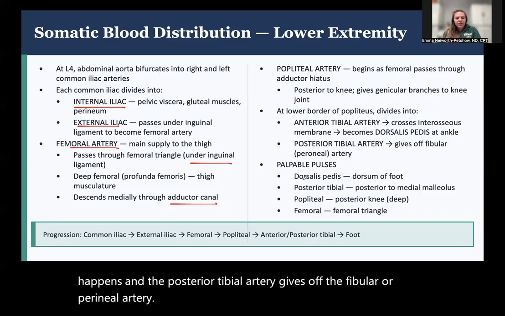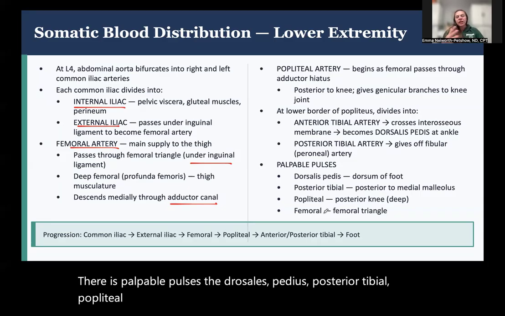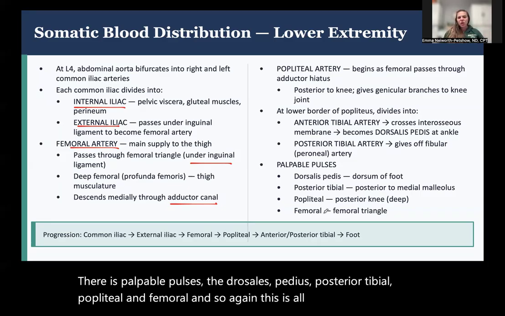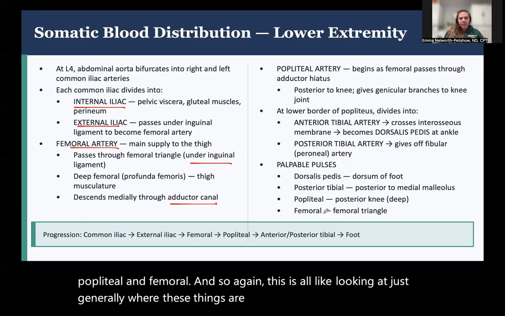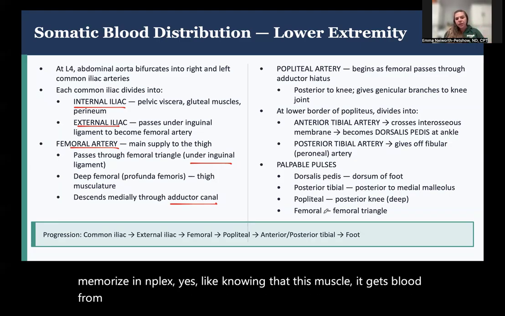There are palpable pulses: the dorsalis pedis, posterior tibial, popliteal, and femoral. Again, this is just looking generally at where these things are, because there are so many things to memorize for NPLEX. Yes, knowing that this muscle gets blood from this artery is totally great.